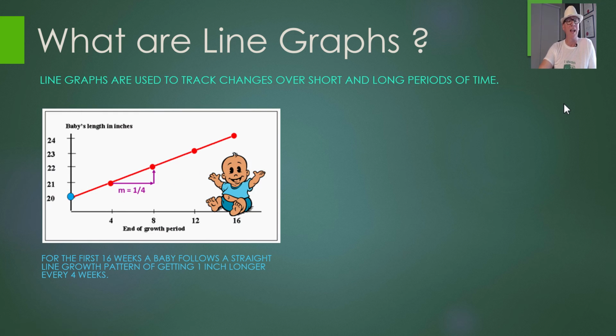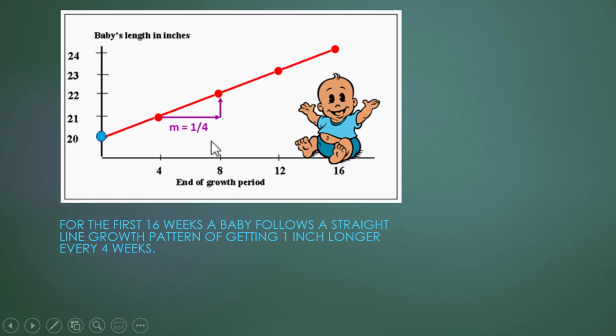Now, here's an interesting example from when we were teaching mathematics at high school. The period of growth of babies, measured in weeks: 4 weeks, 8 weeks, 12, 16 weeks. For the first 16 weeks, it's a straight line pattern of growth, and each 4 weeks, or each month, the baby grows 1 inch longer.